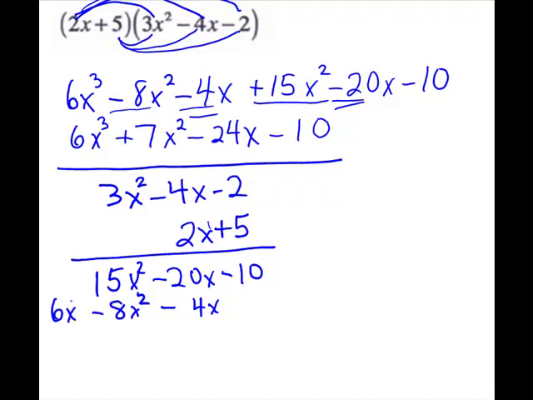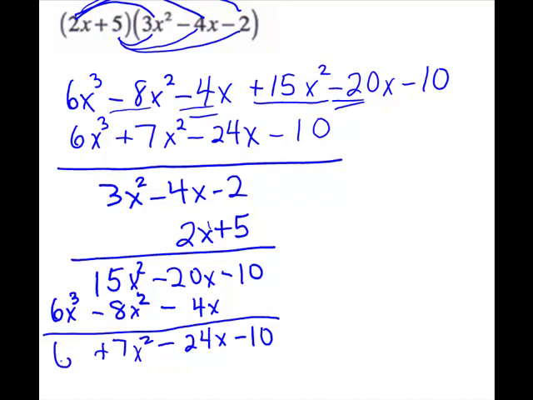You need a new column. You don't have an x cubed column. And this technique just lines up the like terms. So now you combine those. And you have different signs here. So that's going to give you 7x squared. And we should have the same answer.